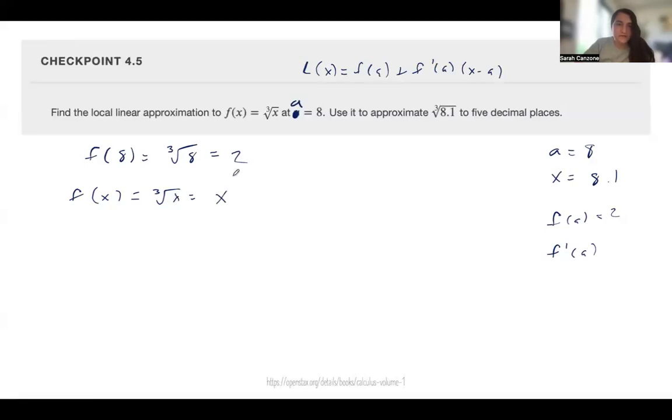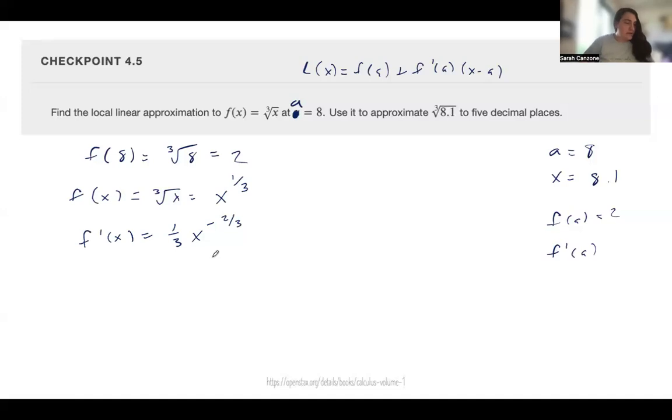So the power here is going to be a 1 over the root here, which is a 3. So the cube root of x is the same thing as saying x to the 1/3. Now we can take a derivative. So f prime of x equals, multiply the 1/3 out front, x to the 1/3 minus 1, which is the same thing as saying 1/3 minus 3/3. So that's negative 2/3.